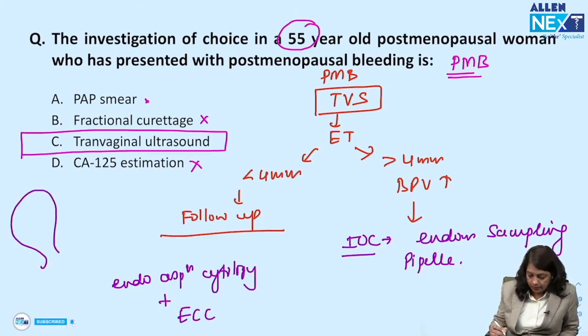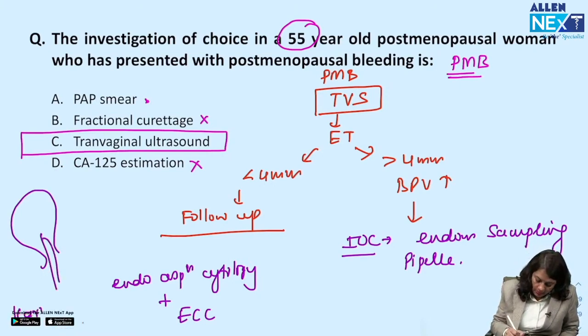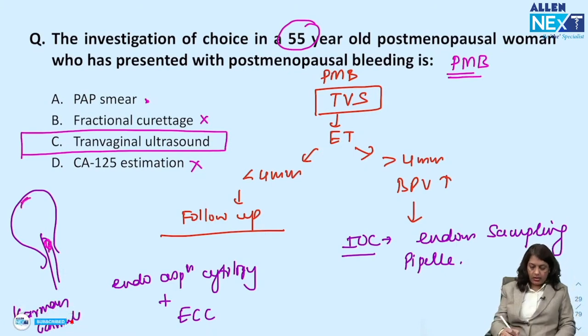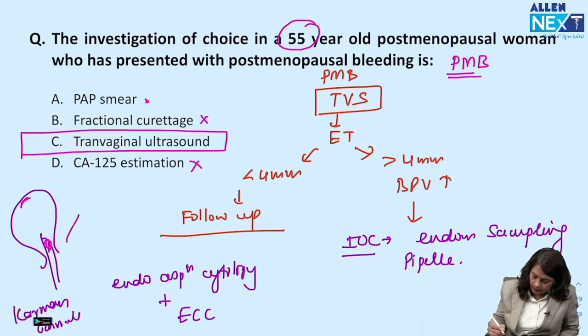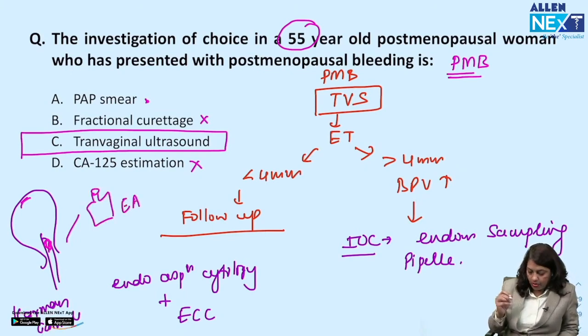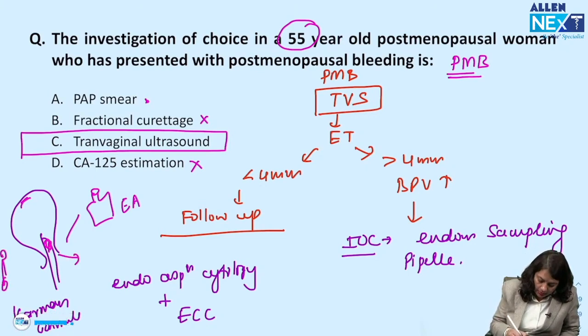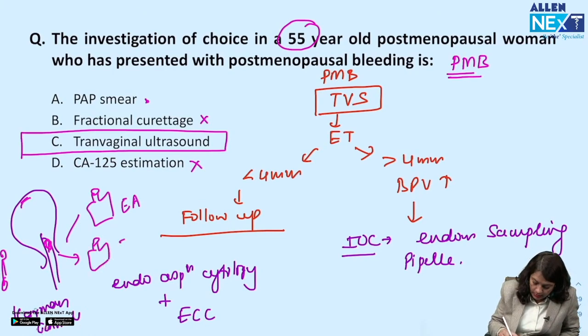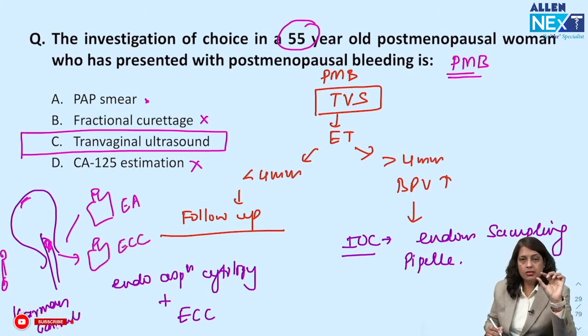I am going to take the Karman's cannula and take the sample in this Karman's cannula and send it for histopath. This is the EA sample. But what is the first sample I should be taking? I will take a curette and do a gentle curettage in the cervical canal. And this is the ECC sample, because cancer in the cervical canal is adenocarcinoma and cancer in the uterus is adenocarcinoma.